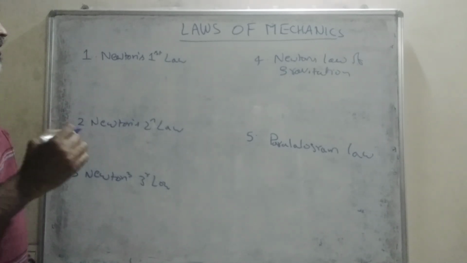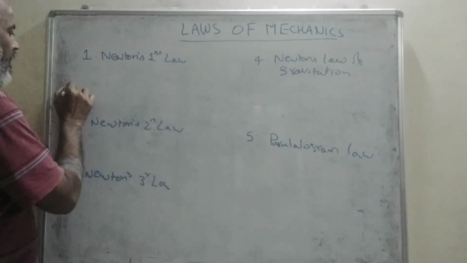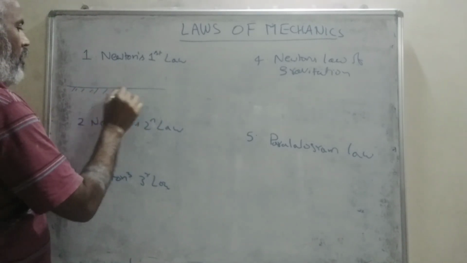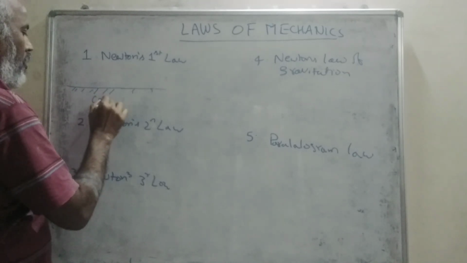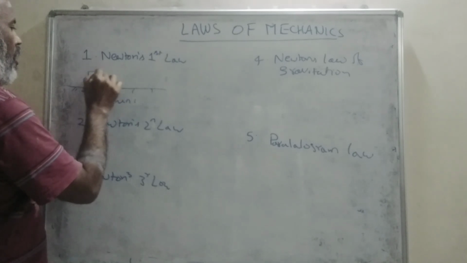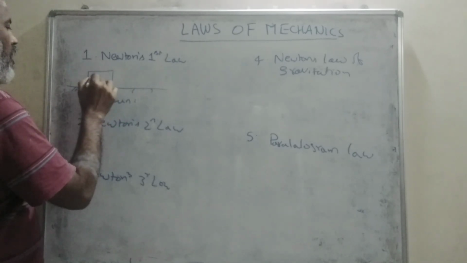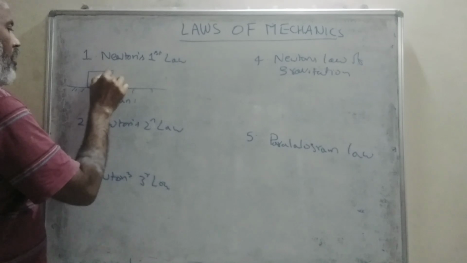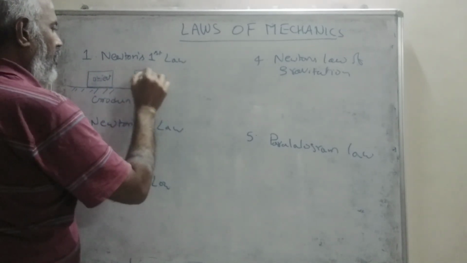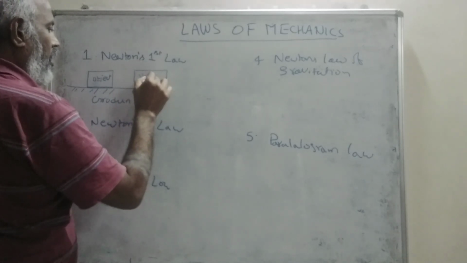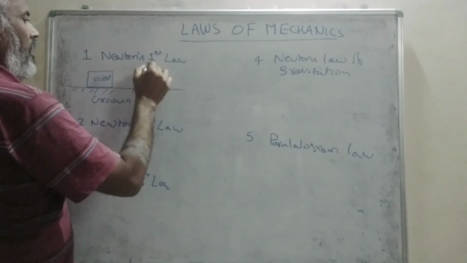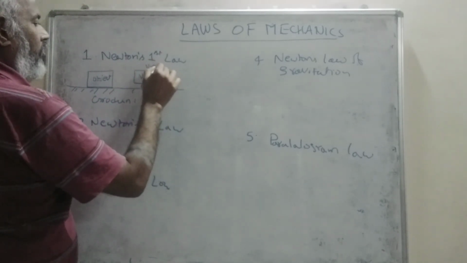Newton's first law: let us take a ground and there is some object lying on the ground, and there is a vehicle which is moving on the ground at some v meters per second uniformly.